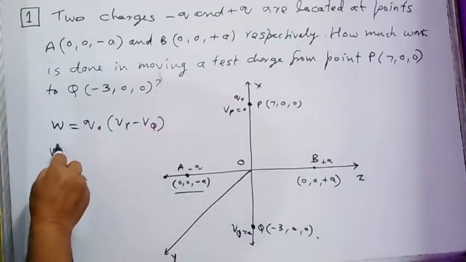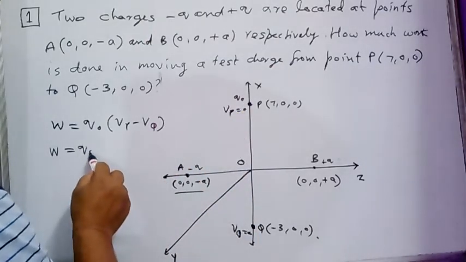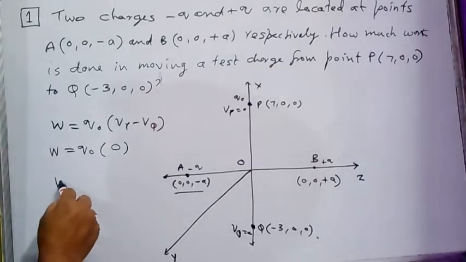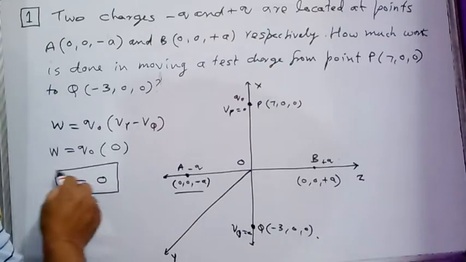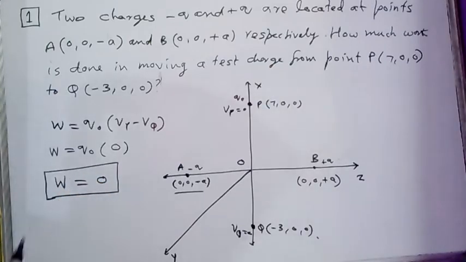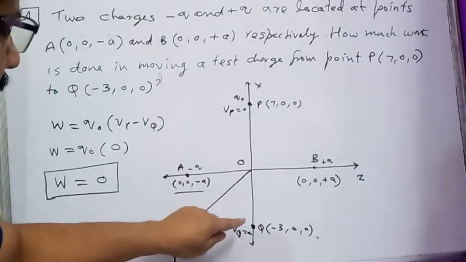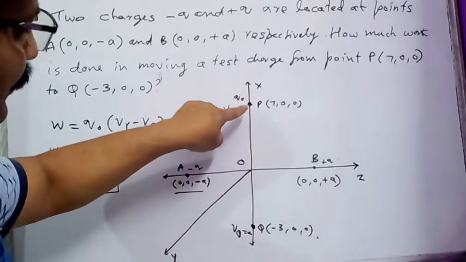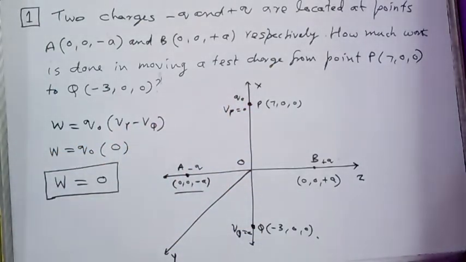So the work done to move this charge from point P to Q is Q0 multiplied by 0, and the value of the work done is 0. It means no work is required to move a test charge from point P to point Q, as the potential at both points is equal and the potential difference between points P and Q is 0.